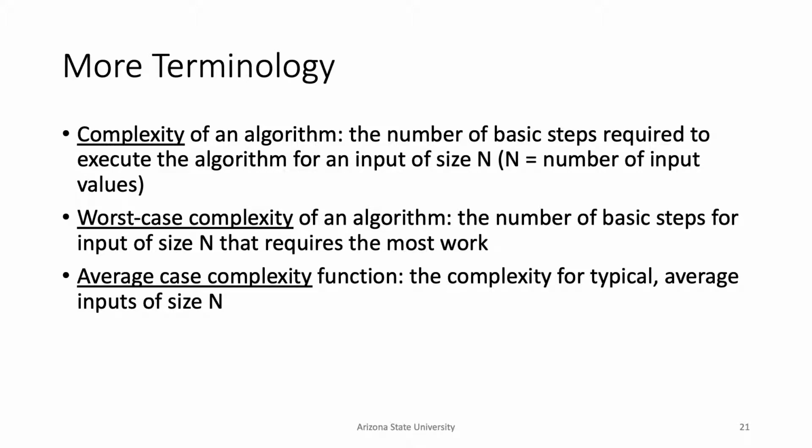So the worst case complexity is, if I were to feed you that list, how long does the algorithm take? Think about linear search again. What is the worst possible scenario for a linear search? That is the last element, or maybe not even in the list. Either of those is okay.